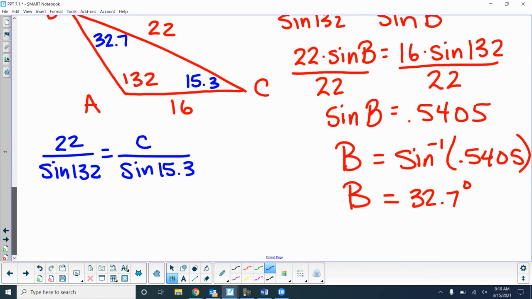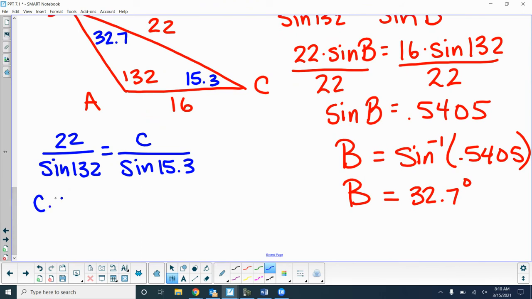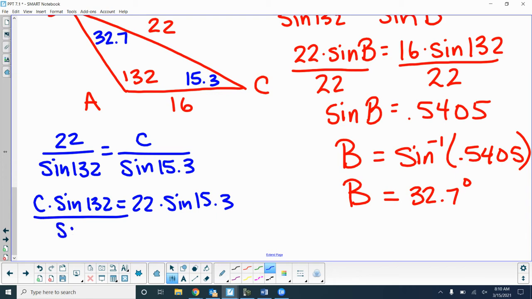So again, cross multiplying, C times the sine of 132 equals 22 times the sine of 15.3, and then divide by the sine of 132.